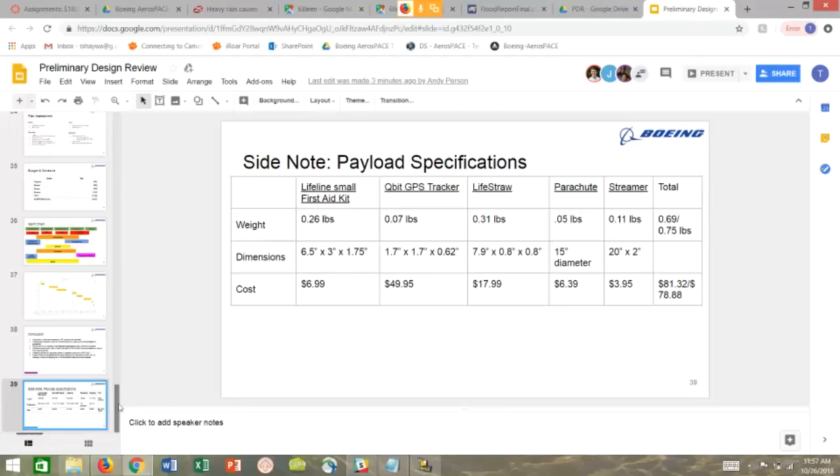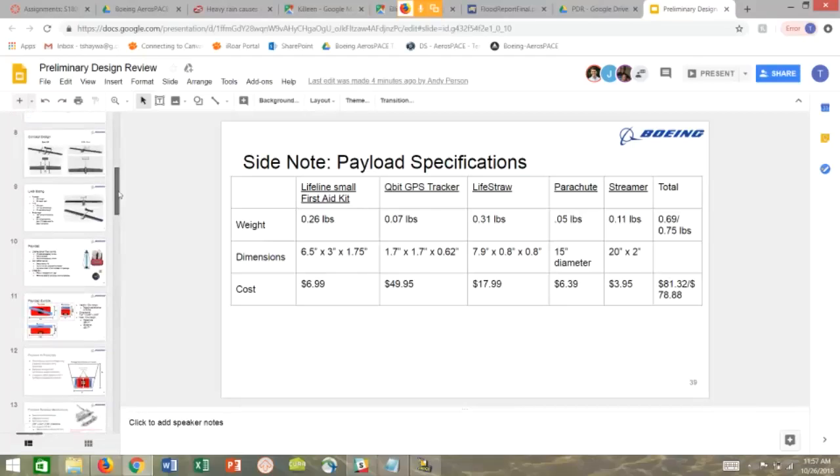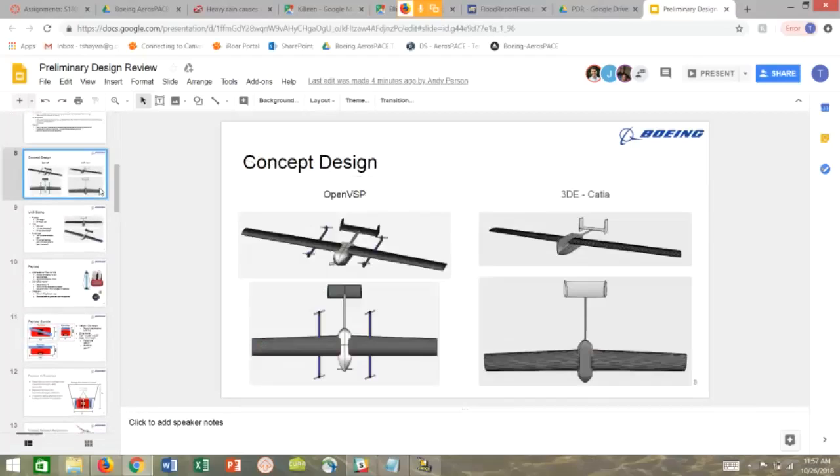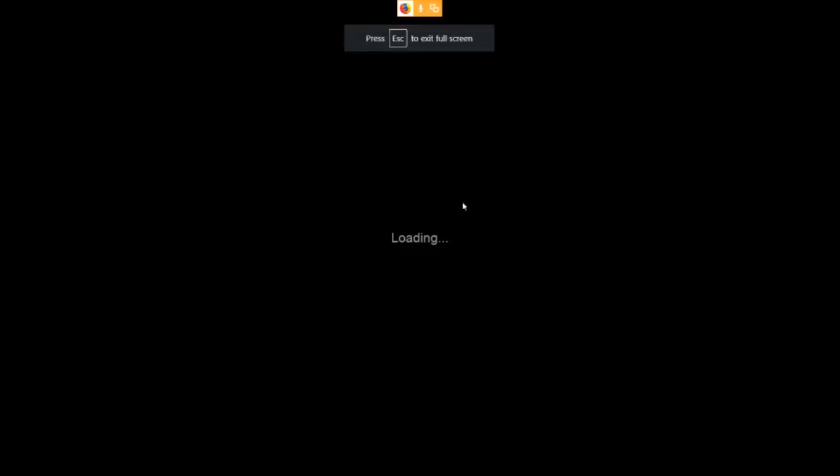So can we go back to the slide with the CAD models? One of the biggest reasons that we chose an H-tail, and it's not reflected in the CAD models yet since they're very preliminary, is that we might attach the booms that have the propellers on them to the empennage so that we can have a more stable tail.